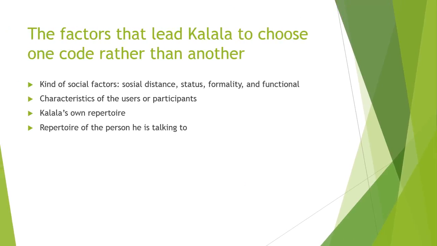There are some factors that lead Kalala to choose one code rather than another. The first one is social factors, that is social distance, status, formality, and function. The second one is characteristics of the user or participants. The third one is Kalala's own repertoire, and the last one is the repertoire of the person he is talking to.